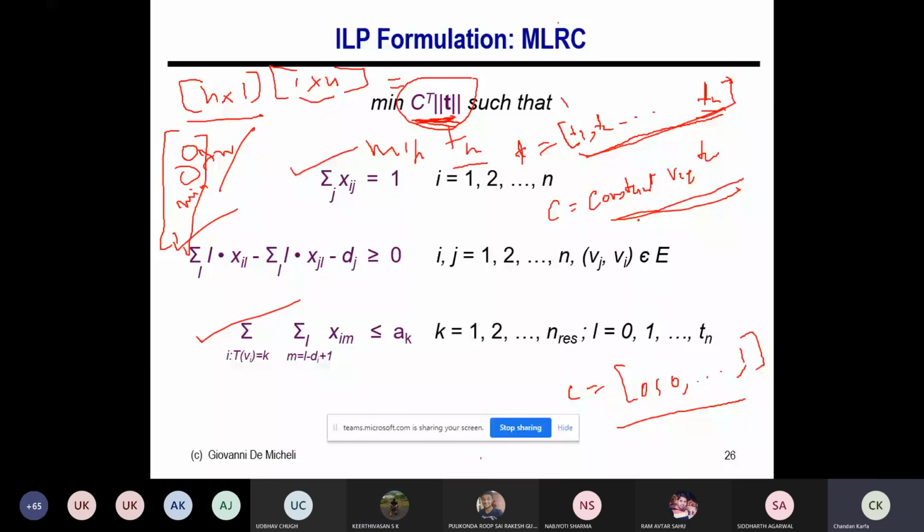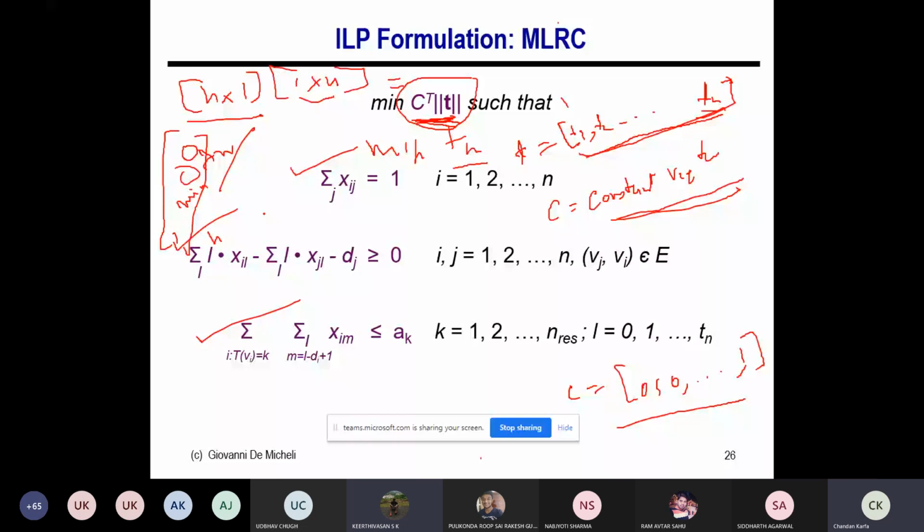I think maybe I stated the dimension wrongly. I'm trying to say that 1 means the number of rows, so it is n cross 1 or 1 cross n. C is 1 cross n, I guess. C transpose is a row matrix and C is a column matrix.